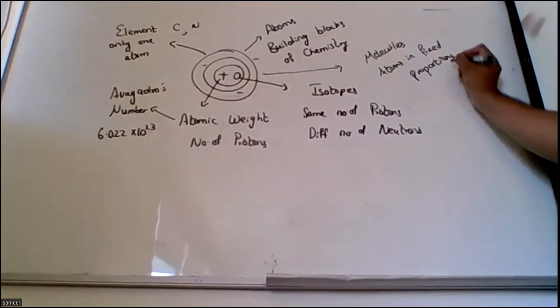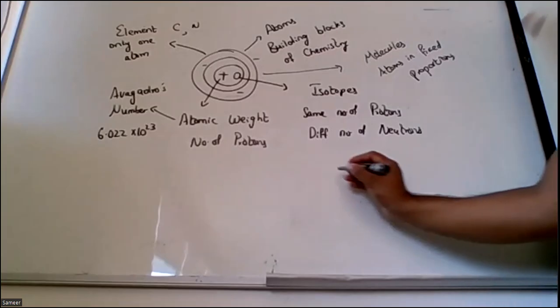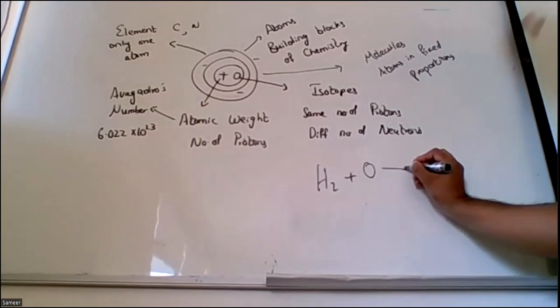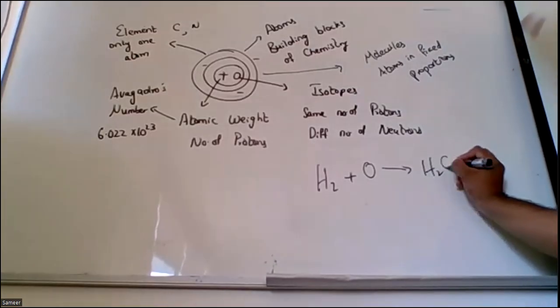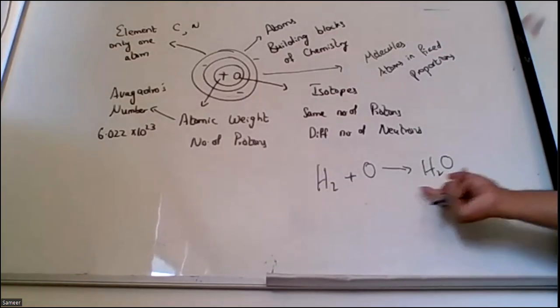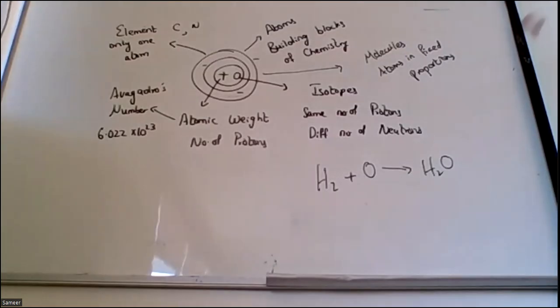For example, when we say 2 atoms of hydrogen plus 1 atom of oxygen gives me 1 molecule of water, right? So basically atoms in fixed proportion give me a molecule. So that is H2O.